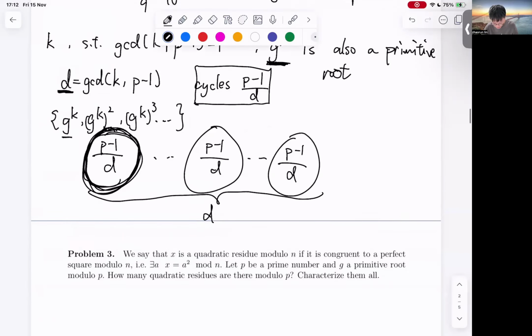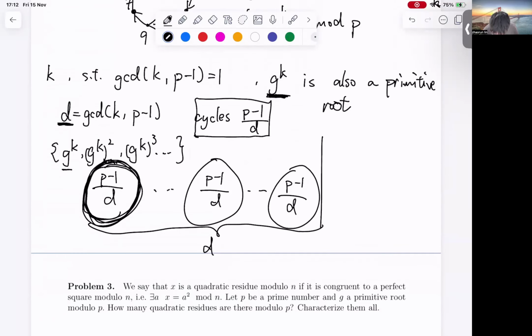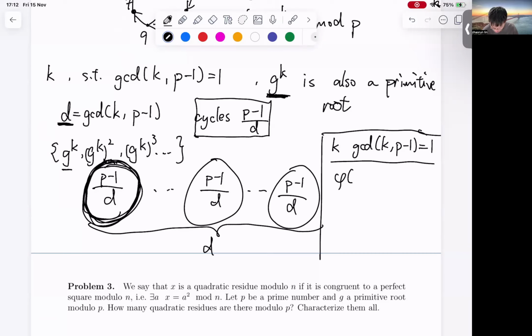So we just need to count those k which have GCD of k and p minus 1 equal to 1. How should we count that? It is just the elements that are smaller than p minus 1 and co-prime to p minus 1, and this is simply given by the Euler totient function.